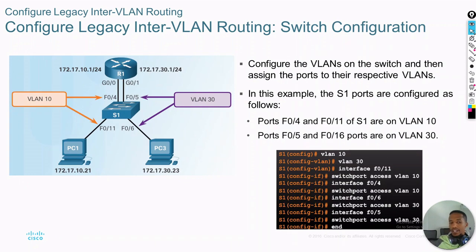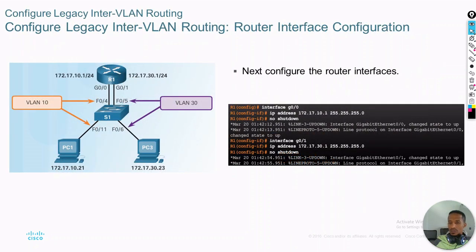So this is how we configure it on the switch. On the switch, you can see we have how many VLANs? We have VLAN 10, VLAN 13, and 30, so they can access different networks. You can see on the router how you are going to configure them.